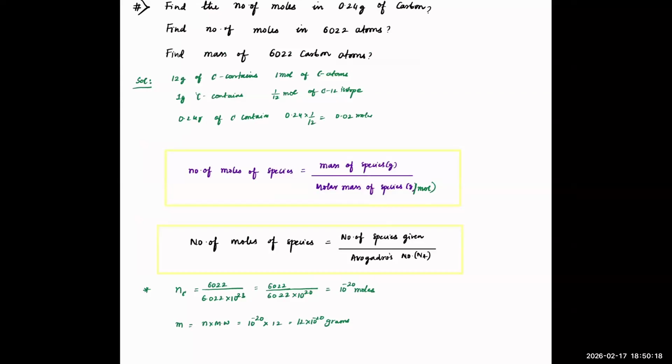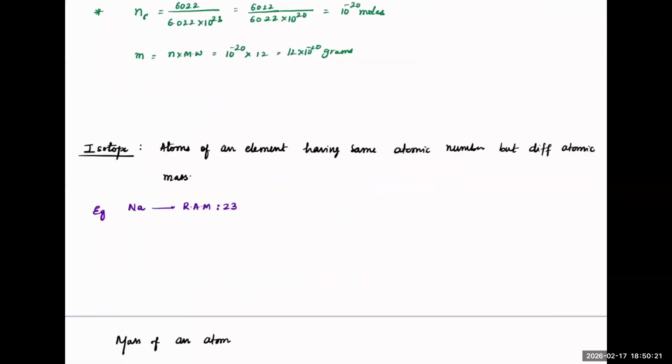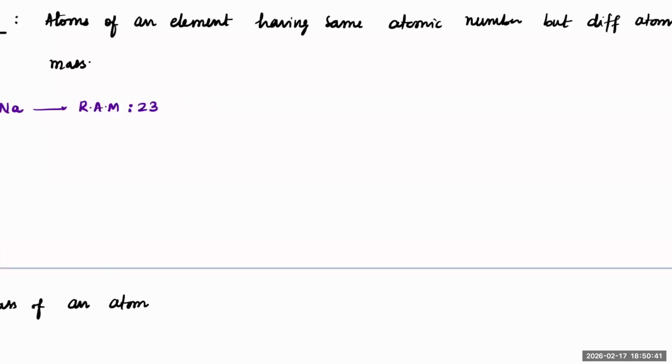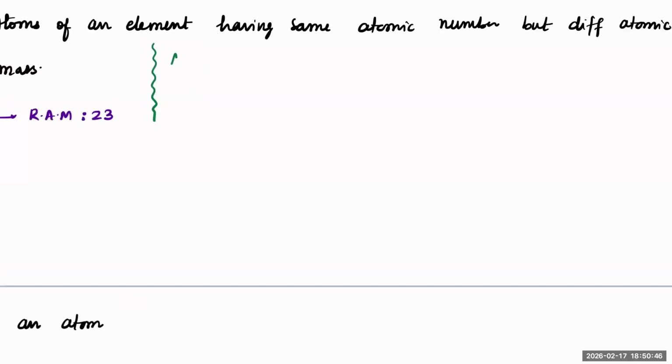No. Great. Now let us understand one important term in this topic, which is called isotope. Atoms which have the same atomic number but different mass number. Now, what are these two terms exactly? First, let me define those terms. Atomic number is the number of protons present in an atom.